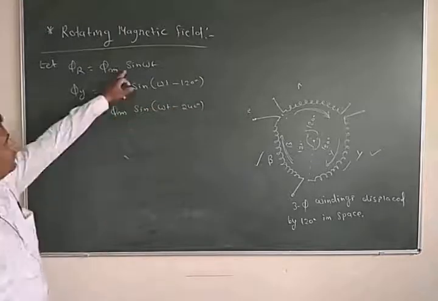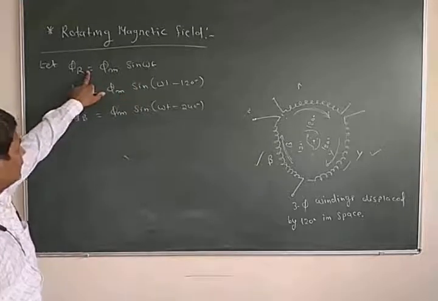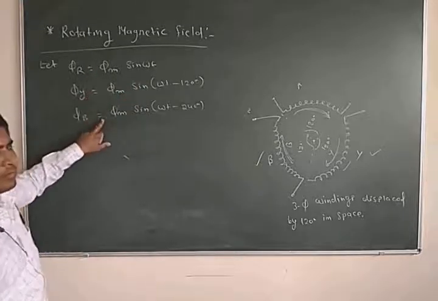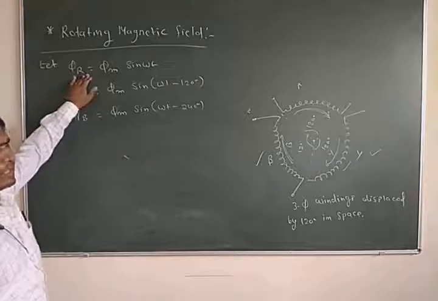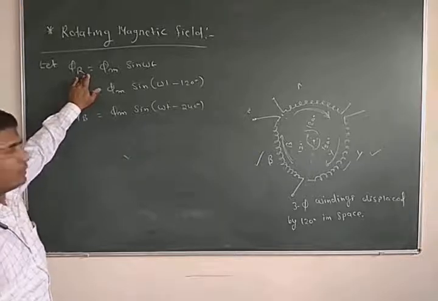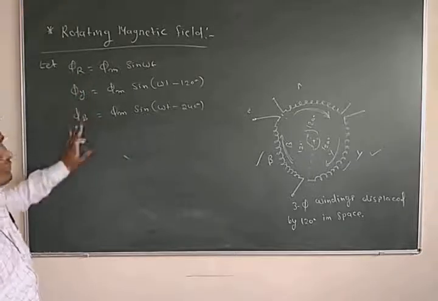These are the three poles, one for R phase, second for Y phase, and third for B phase, and the flux associated with the poles is phi R, phi Y, and phi B.